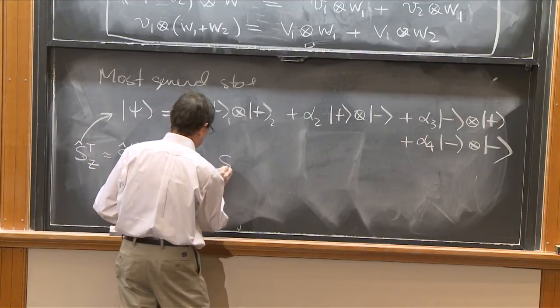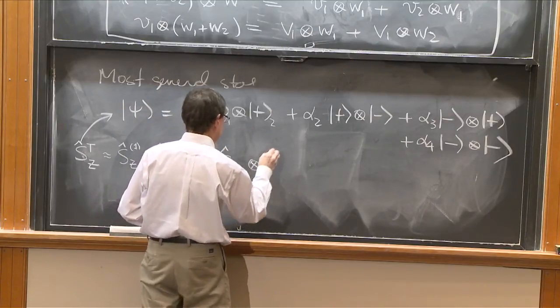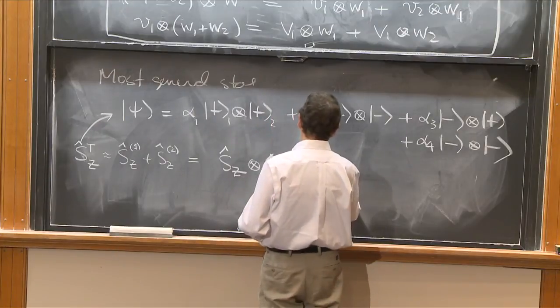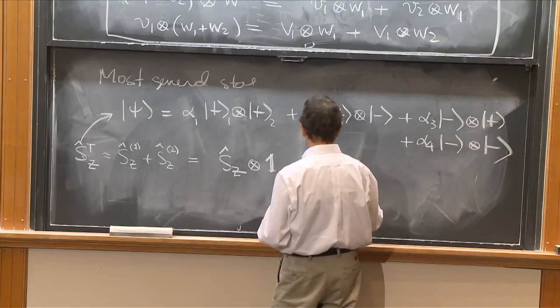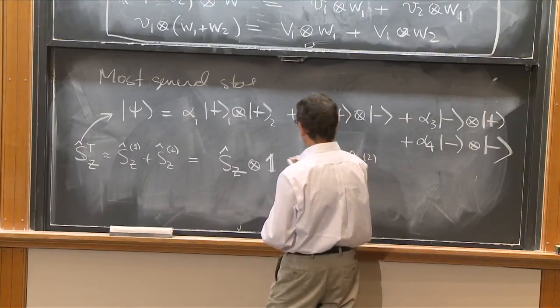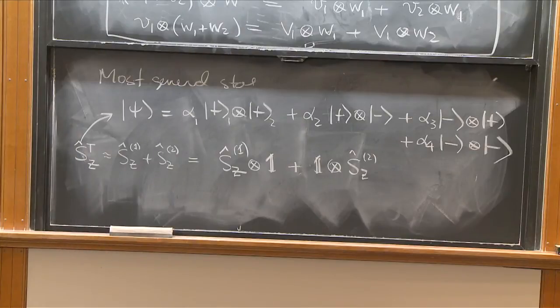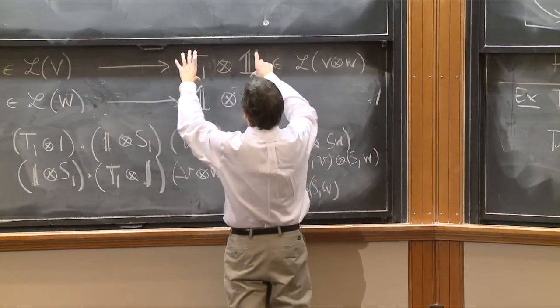It should be Sz of the first particle, tensor product with 1, plus 1, tensor product with Sz of the second particle. This is really what it is. How do we upgrade an operator in the first Hilbert space to an operator on the tensor product?